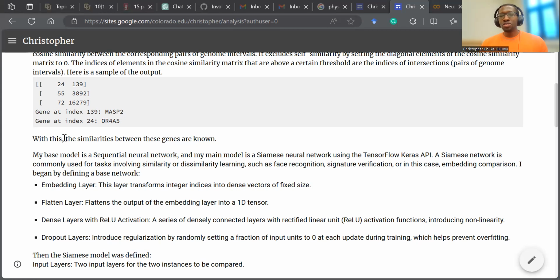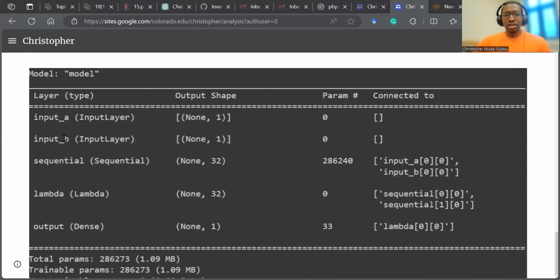And it's not just training to know when two genes are related to each other, it's also training to know when two genes are not related. So at the same time, it is checking the similarity between these genes and between those genes, and it's able to update and train.